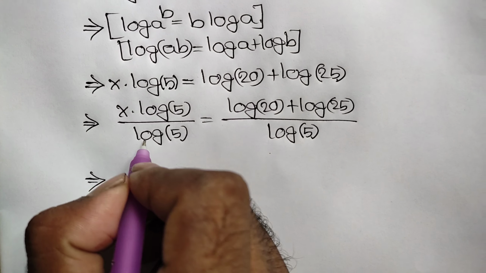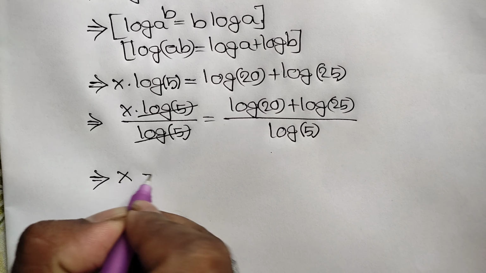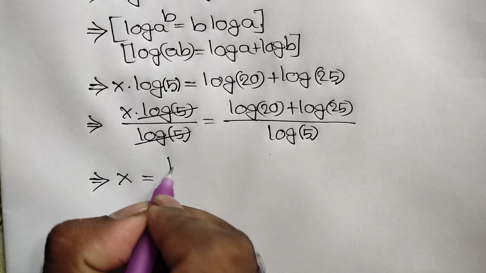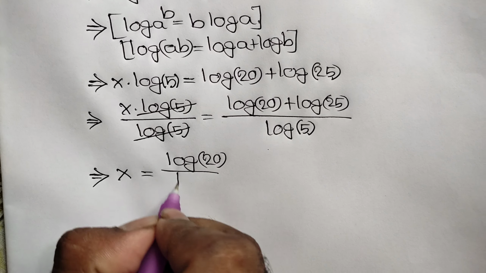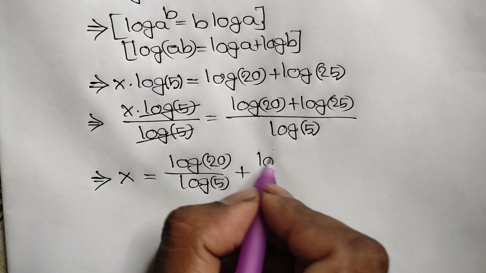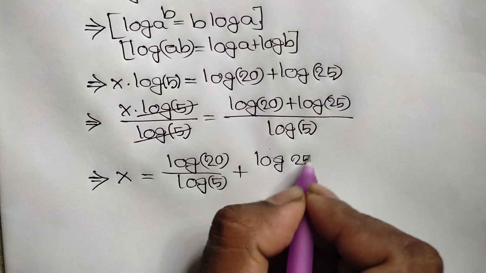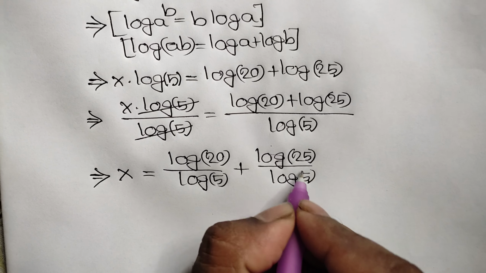Now this log of 5 cancels out this log of 5, so here we will get x is equal to log of 20 over log of 5 plus log of 25 over log of 5.